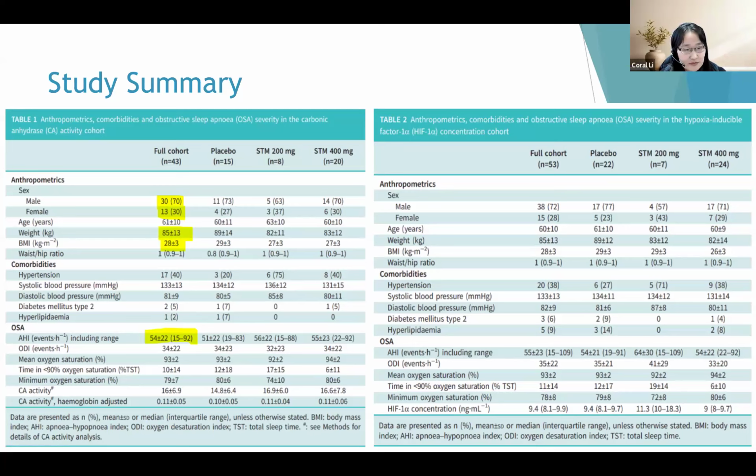What did you guys think about the weight? And just so you know, 85 kilograms is 187 pounds. So if you use the standard deviation that they use, the patients range between 158 pounds and 216 pounds.